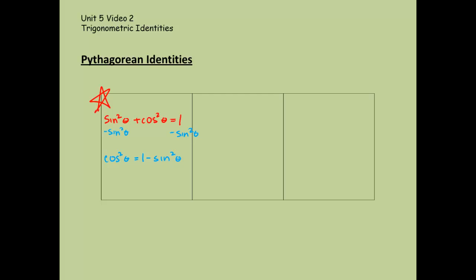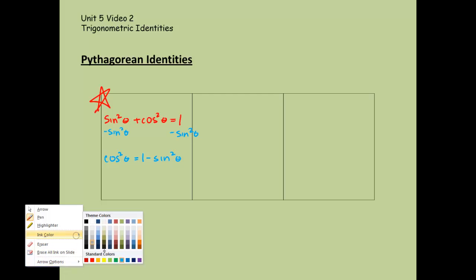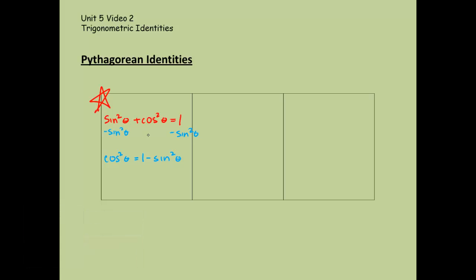The same could be said if I were to subtract the cosine to the other side, leaving only sine squared of theta over here. I would have 1 minus cosine squared of theta. Again, you only have to remember the one at the top in red, and the other two can be formed just by subtracting one to the other side and leaving us with the other.